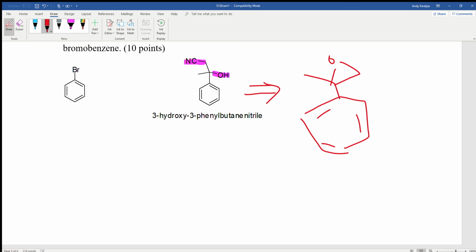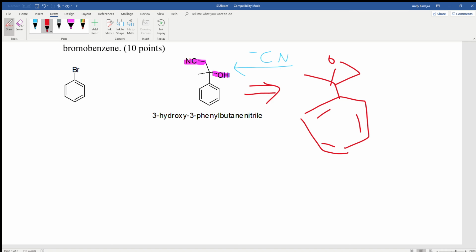Now, if we're going to use that epoxide, we need the attack to take place at the less substituted carbon, but we can do that just by choosing basic conditions for our ring opening.